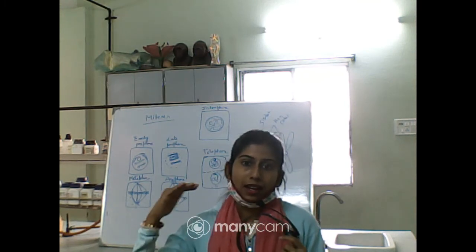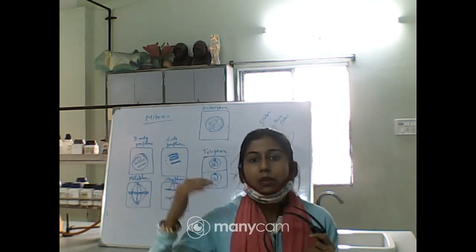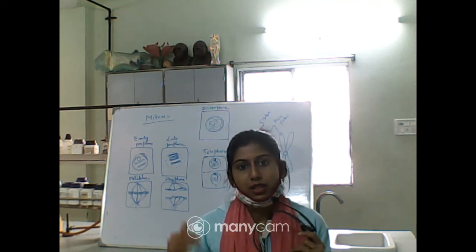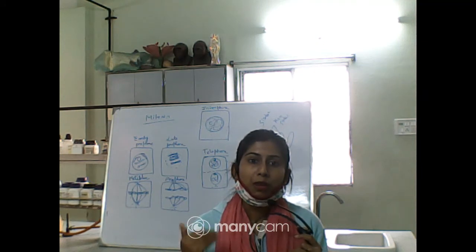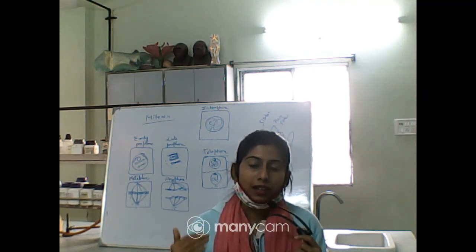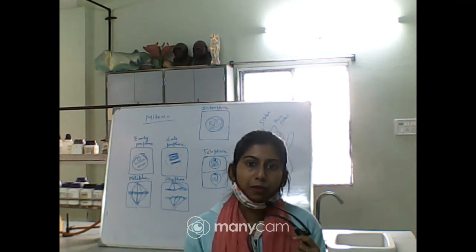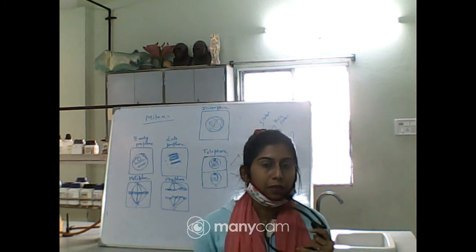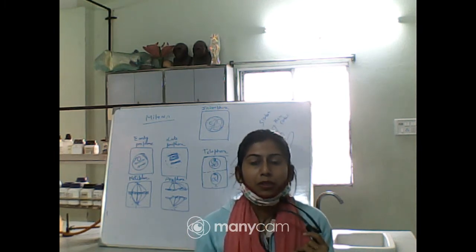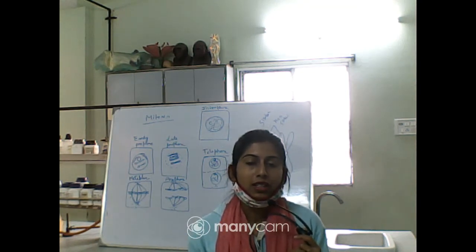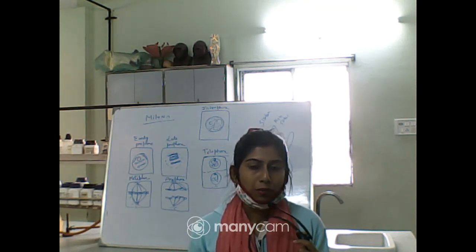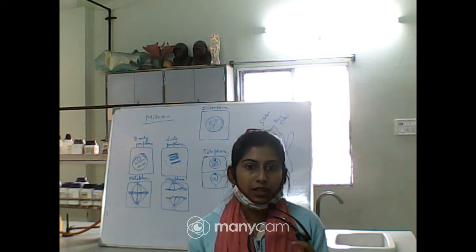That is why at the time of gamete formation, meiosis type of cell division takes place, and meiosis is considered as reductional division. Chromosome number will get halved, and so we will be able to maintain our chromosome number. n number of chromosomes will be in the male gamete and n in the female gamete. So after the fusion of the male and female gametes, we will get this condition, and the chromosome number of the human body will be maintained, right?